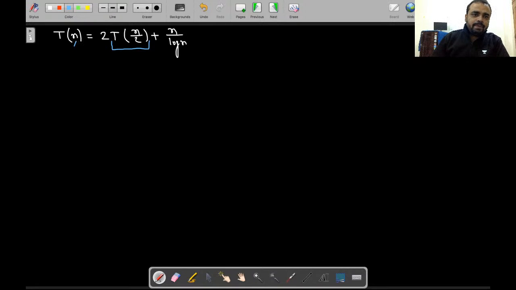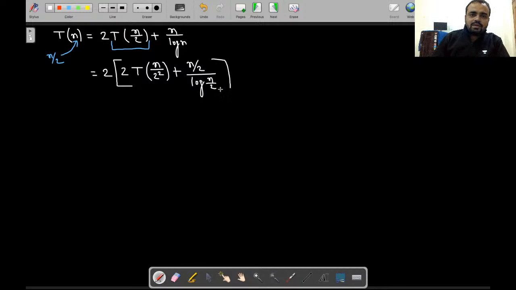Whenever you place n by 2 in place of n, it will become 2T of n by 2 square. Every instance of n will be replaced by n by 2. So this one will become n by 2 divided by log of n by 2, yes or no? And outside of this is n divided by log of n.